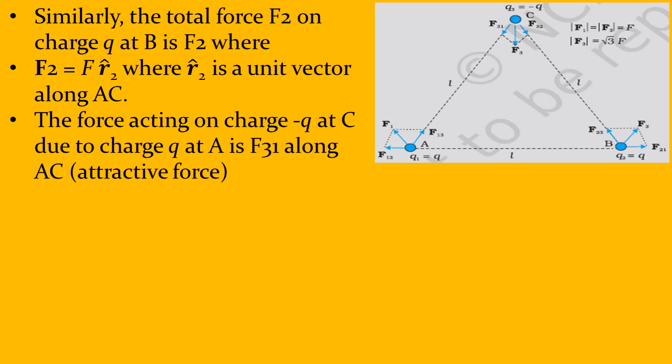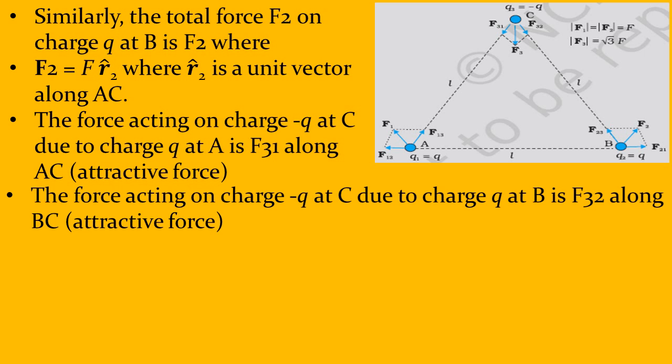The force acting on charge minus Q placed at C due to the charge at A is F31, a force on 3 due to the charge Q1. And it is an attractive force along AC because these two charges are unlike. Similarly, the force acting on the negative charge at C due to the charge at B, what do we call it?